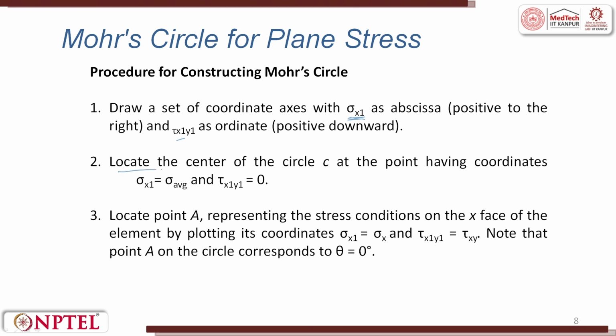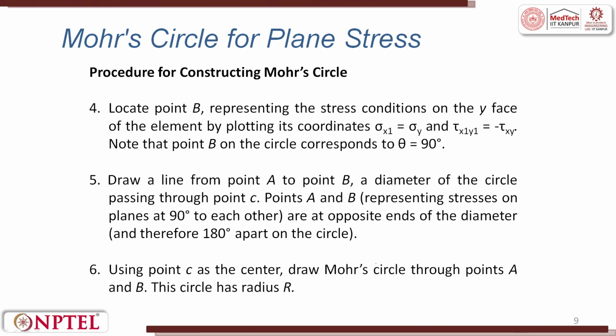So, how to locate the center? We follow this. Locate a point A representing the stress conditions on the x face of the element by plotting its coordinates sigma x1 equal to sigma x, tau x1y1 as tau xy. Note that the point A on the circle corresponds to theta equal to 0.